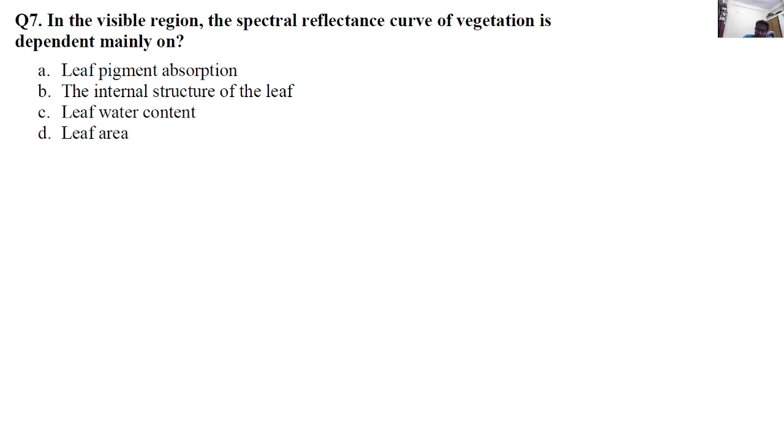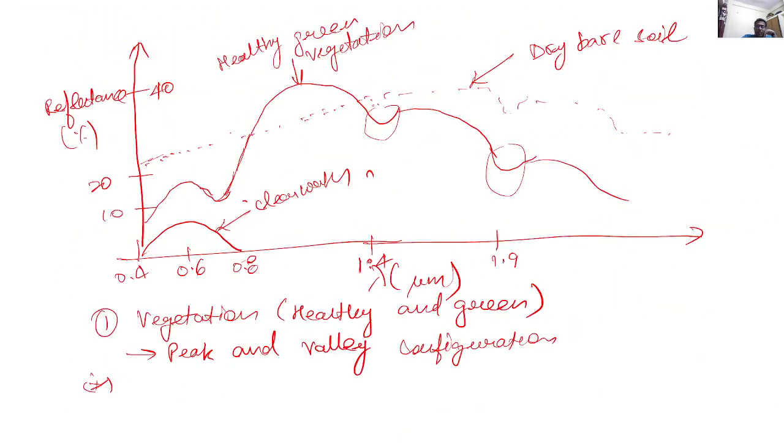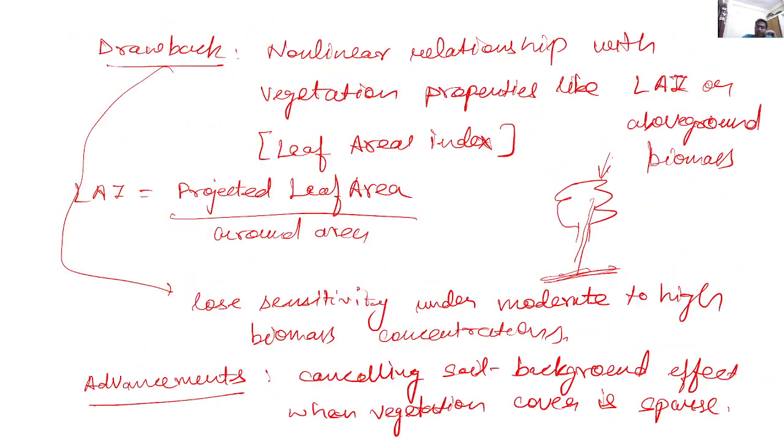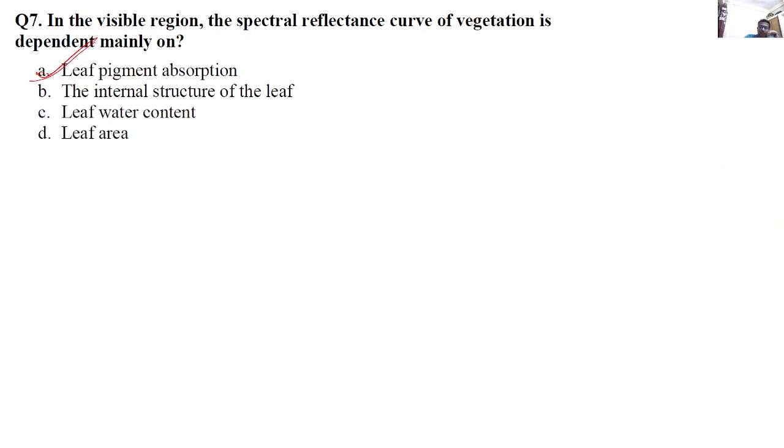It depends on leaf pigment absorption, and that is why I explained it in detail earlier. It's all written also. I will be uploading these illustrations by the end of the night, so you can read it later. And that pigment we all know is chlorophyll, which is responsible for photosynthesis.